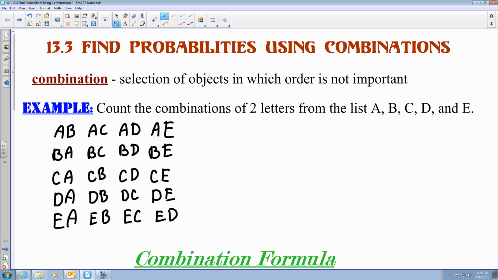So for permutations, we get 20 arrangements.